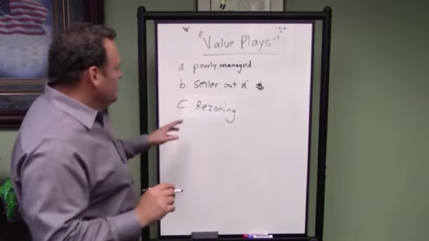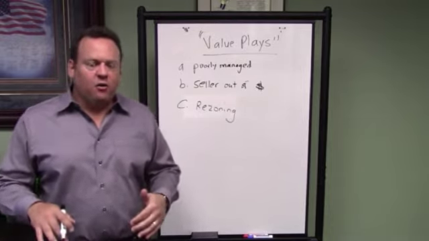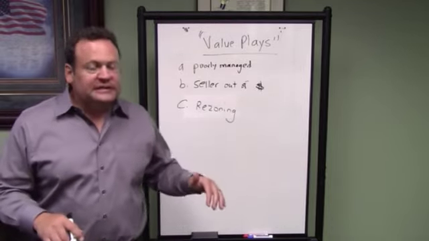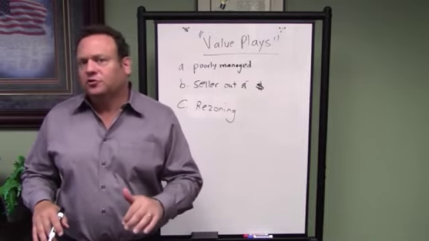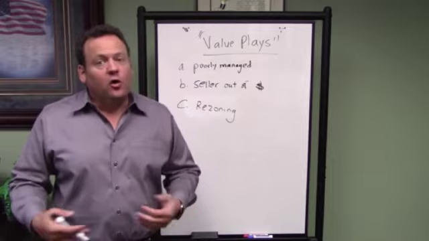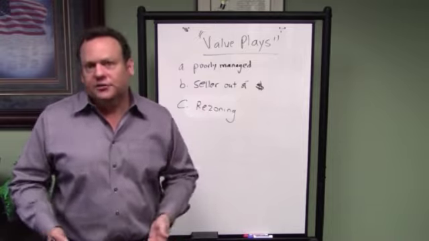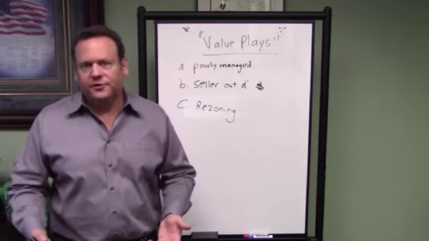C, rezoning. So if the area is being rezoned so that now your lousy C-plus apartment building is going to be in a B-plus school district because of rezoning or redistricting, that could be good. Or the area around it, which was industrial, is being rezoned for shopping malls. Look for opportunities like that.